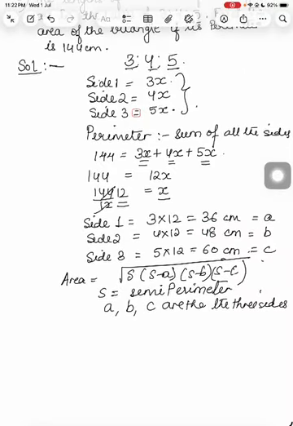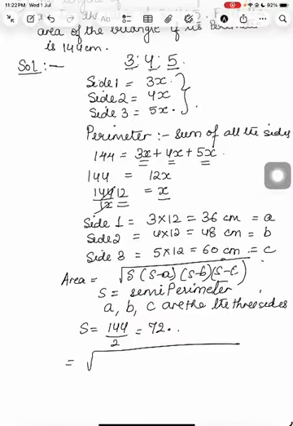Now what we will do? We will find the area, and S is half of the perimeter, that is 144 is the perimeter, divided by 2 becomes 72. Now we will put the values in this formula. S is 72. S minus A is 72 minus 36.